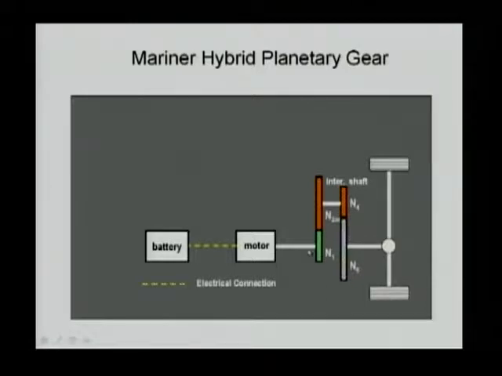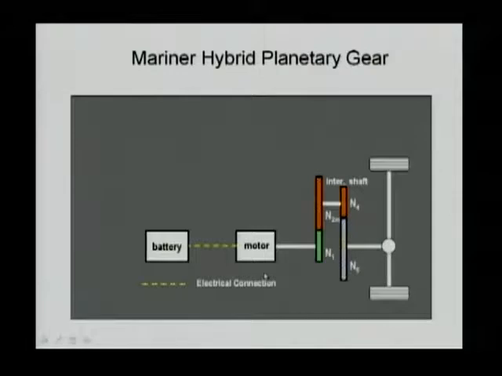The electrical motor is driving gear N1, and N1 is driving N2M, and that yellow gear is coupled together with N4, and N4 is driving N5, and then the output of N5 is driving the front wheel, the front axle. So in this setup, this vehicle can be operated in electrical mode.